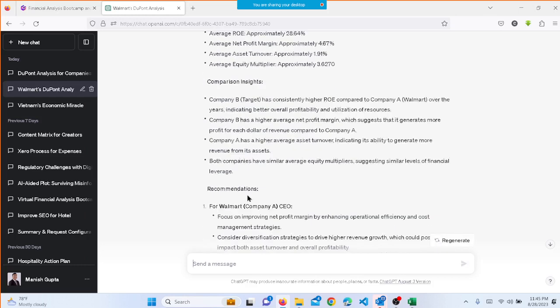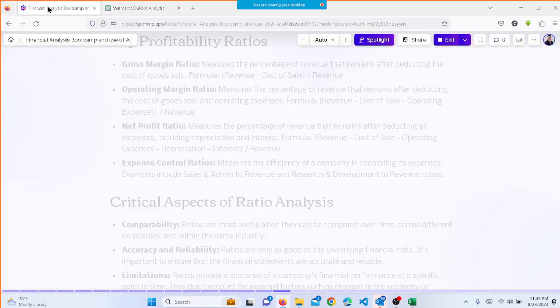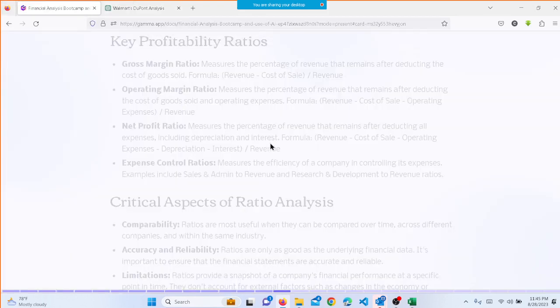But of course, you have to read the report in detail and give your recommendations accordingly. Don't just copy-paste the analysis done by AI. Okay, let's take a break of a few minutes, let's say 5 minutes, and then we can come back with your questions and answers on this so far. And then we will continue with our other profitability ratios and other aspects of the investment analysis.